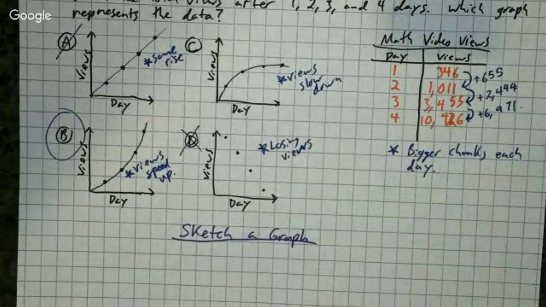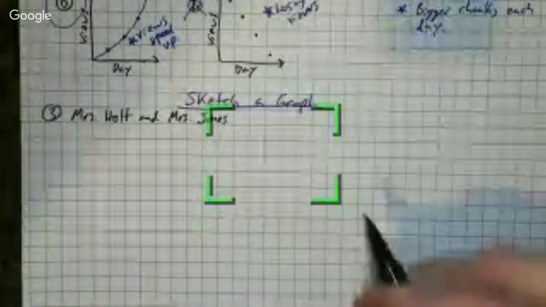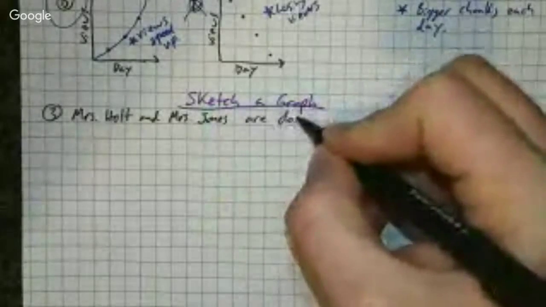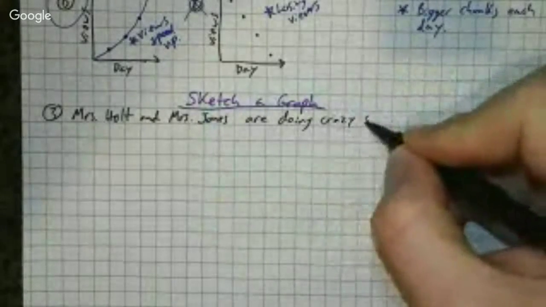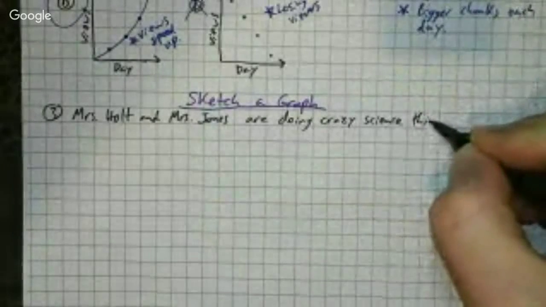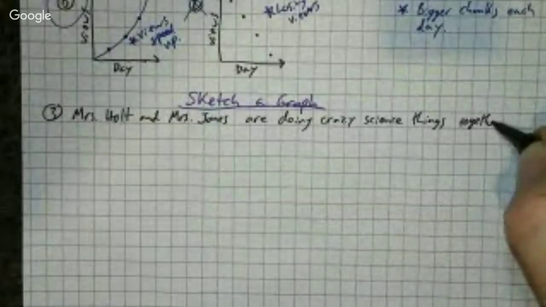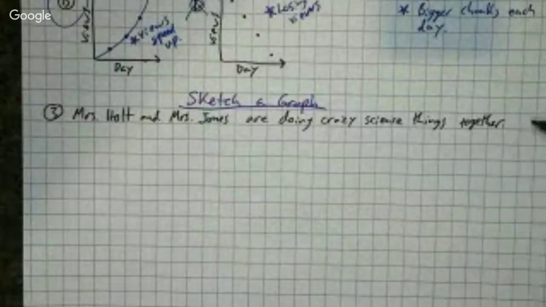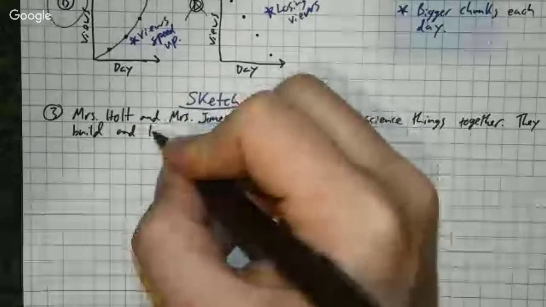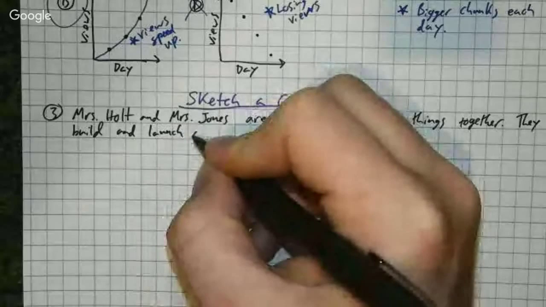So once again, I'm going to go ahead and it says, Mrs. Holt and Mrs. Jones are doing crazy science things together. They build and launch a rocket.